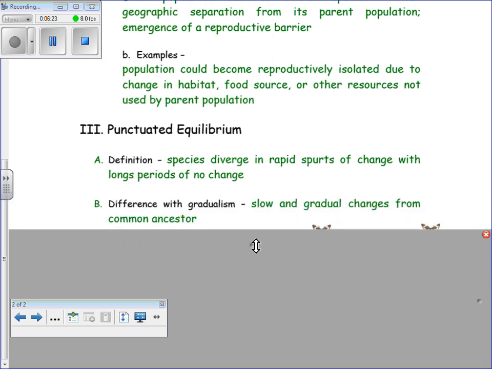Gradualism is the type of change that's slow and gradual, and it comes from a common ancestor, and there are little changes that happen over a really long period of time. But there's always changes happening. There's never a dull moment. There's always little changes every generation.